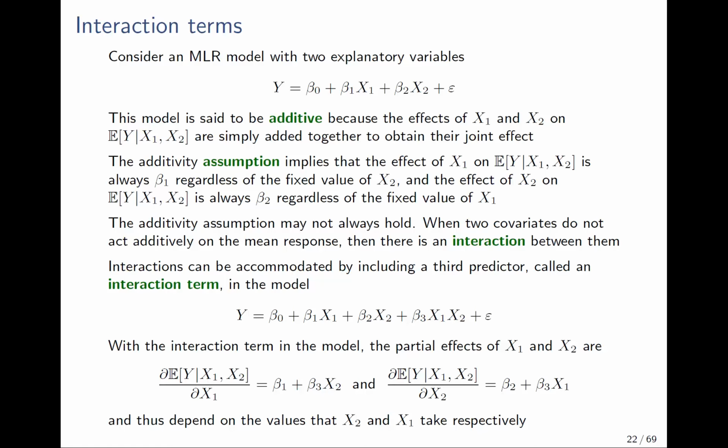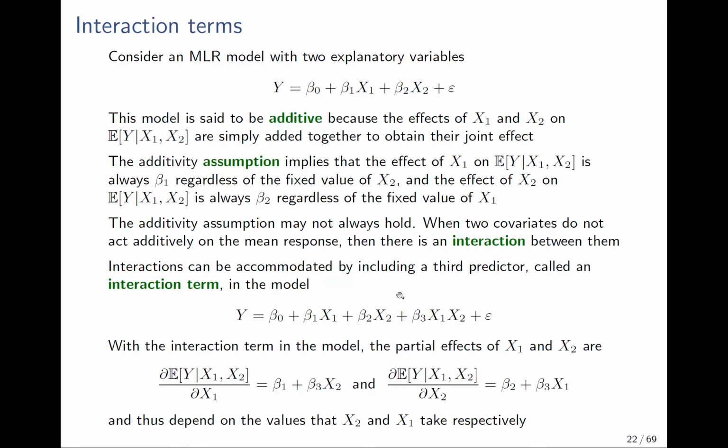When two covariates do not act additively on the mean response, we say that there is an interaction between them, and interactions can be accommodated by including a third predictor, an interaction term, which is simply the product of the two variables, beta 3 times x1 times x2.